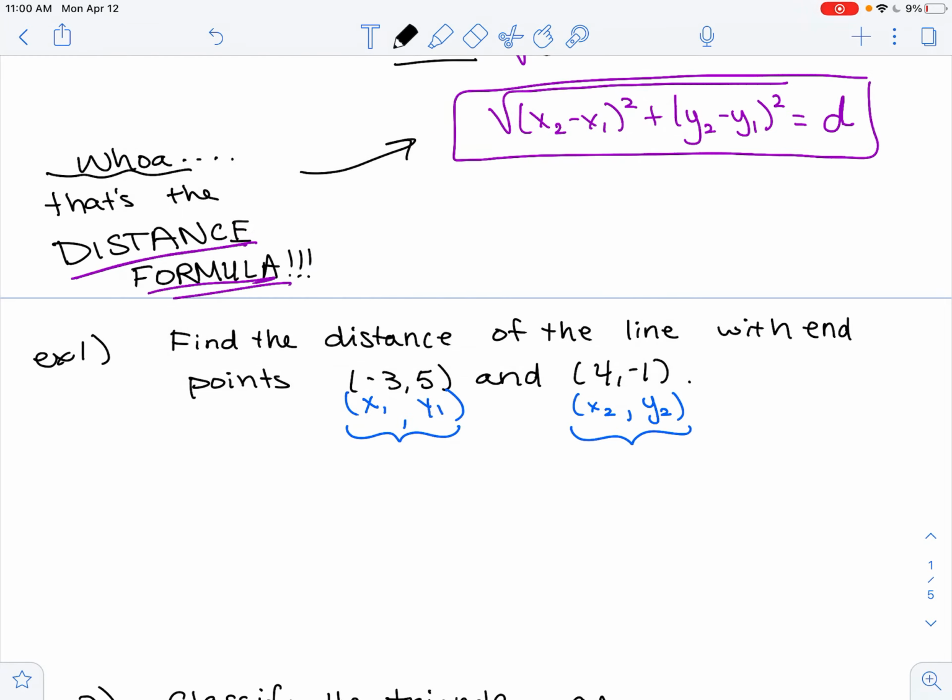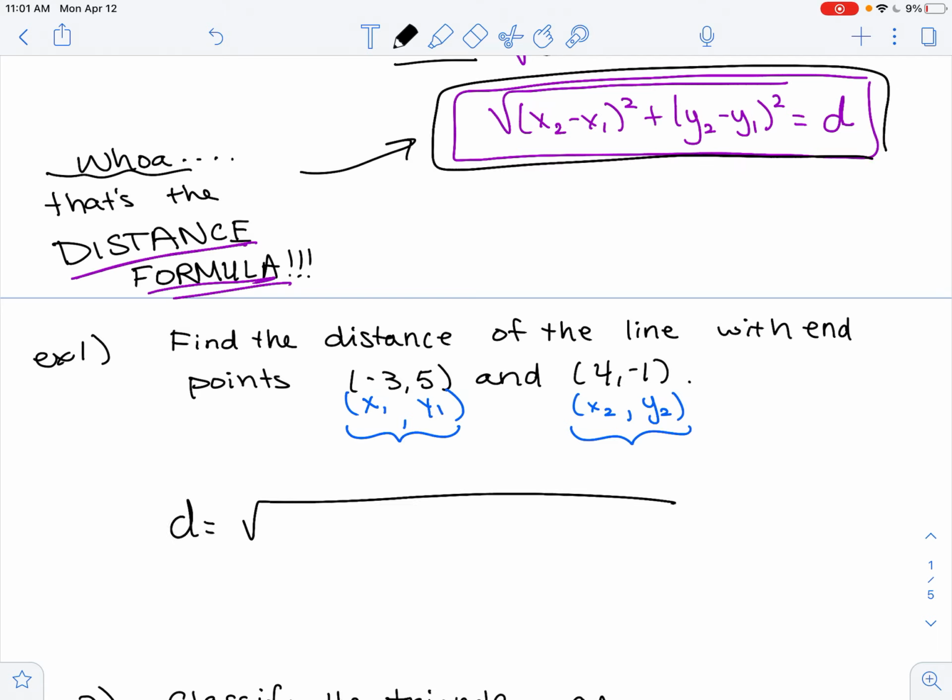So now I'm going to plug in those values into my distance formula that I had. So I know distance equals the root of x2 minus x1 squared plus y2 minus y1 squared. So let's go ahead and plug that in. So here we've got x1 is -3.